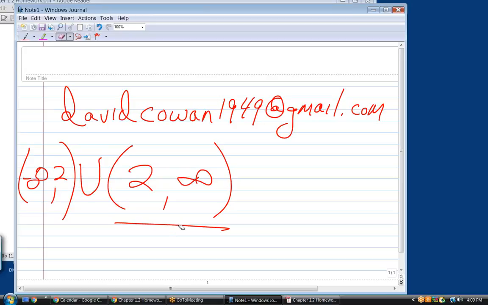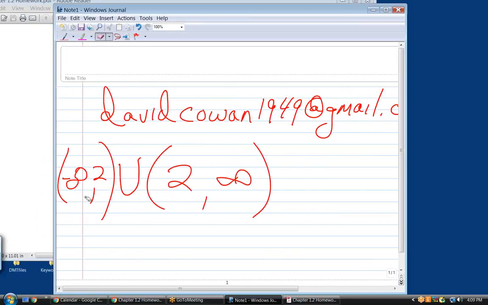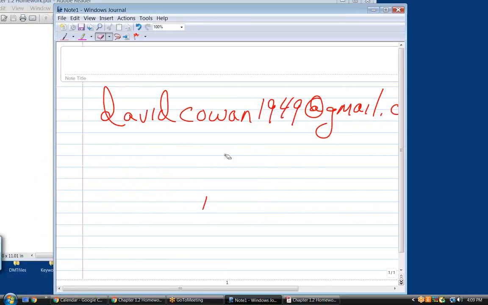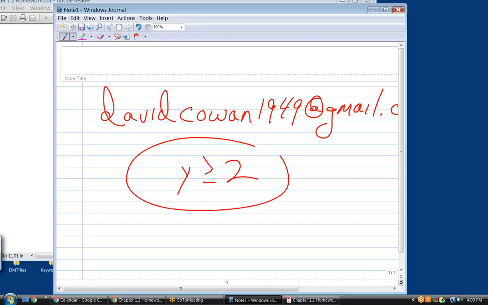Interval notation allows you to do multiple intervals if your answer is in multiple intervals. But there's lots of ways to state range. You could also state range as y is greater than or equal to 2. That's also an answer.